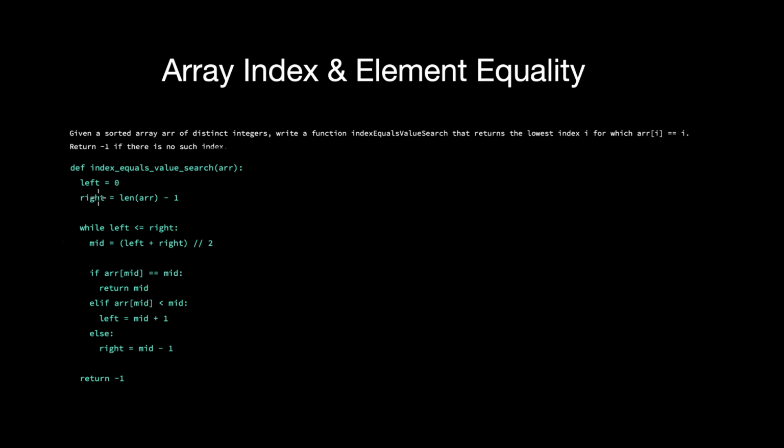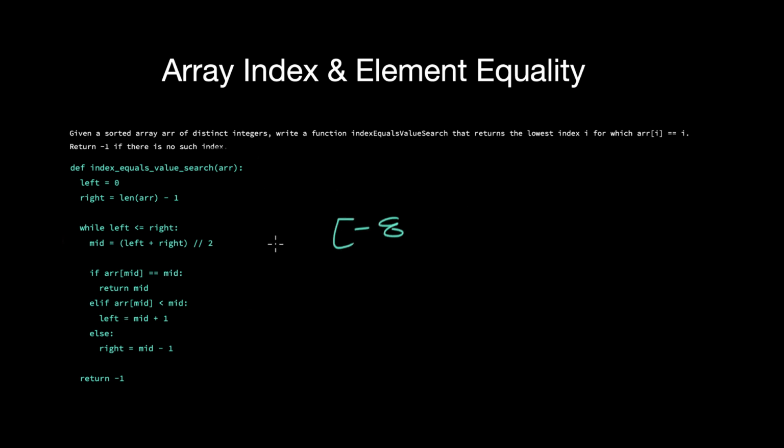You can see that I'm setting up the left pointer and the right pointer, and then we're going until they are equal to each other, and we're calculating the middle index, so left plus right over 2, and you're checking if the value at the middle is equal to the middle index, and you're going to return mid. And this is the check. These two are the pivotal checks that you do to decide which way to update the left or right pointers. If I look at this one, it says this is the case that we had here.